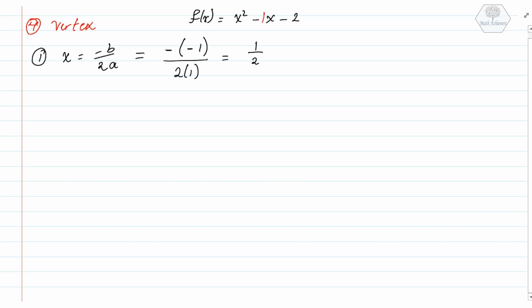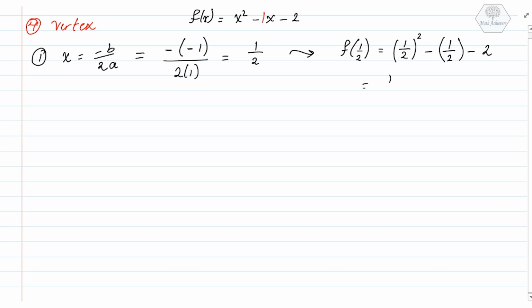To find the y-coordinate of the vertex, we apply it in the function, which is f of half, which is equal to half squared minus half minus 2. No need for a GDC for this question.